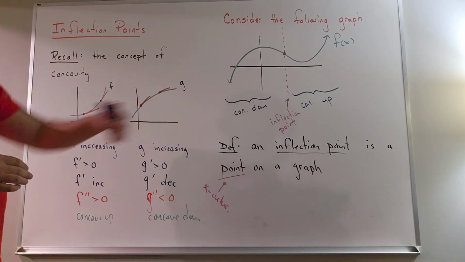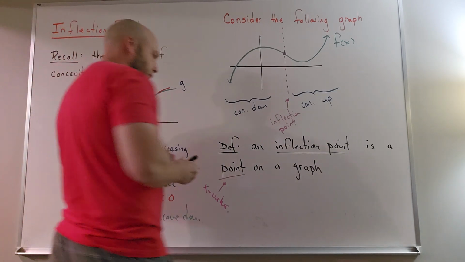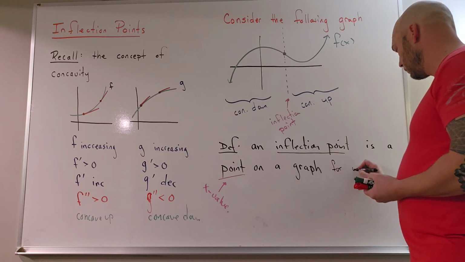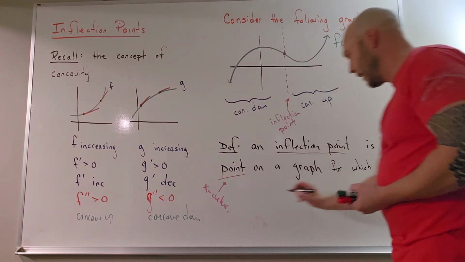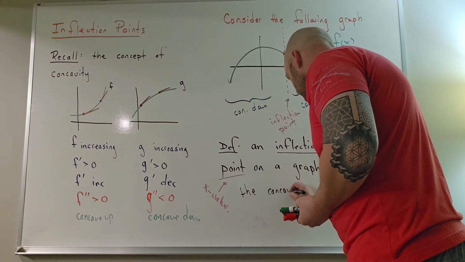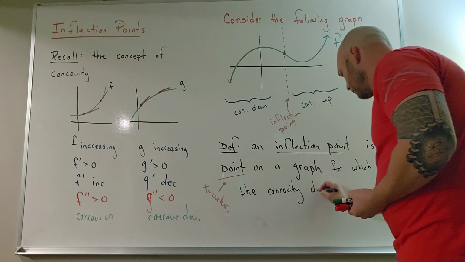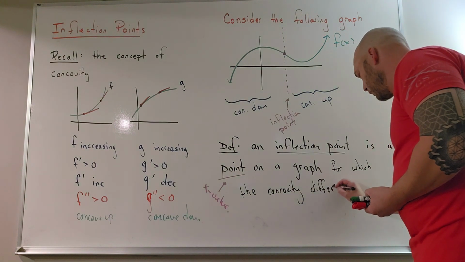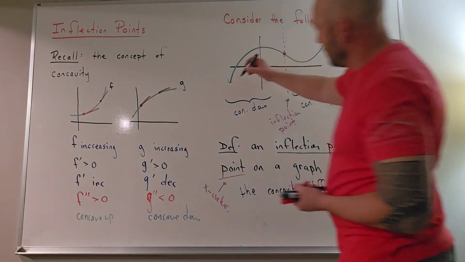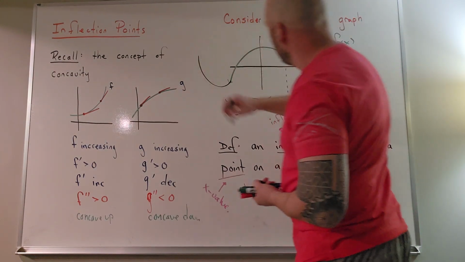Okay, an inflection point is a point on a graph for which the concavity differs on either side. Before I finish that, let's say I had this.